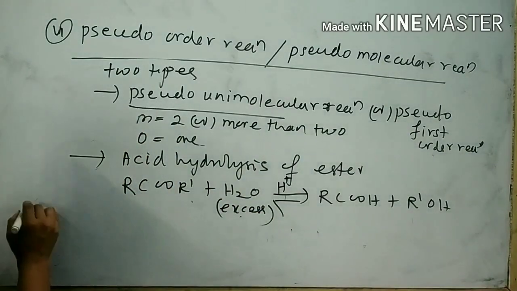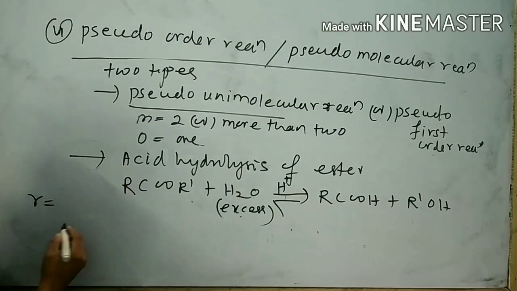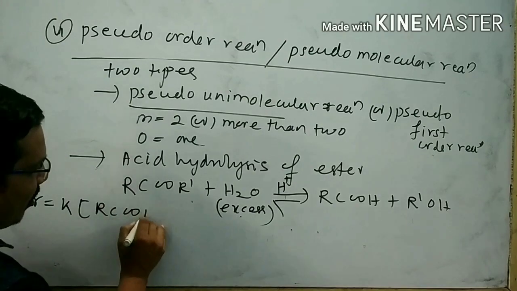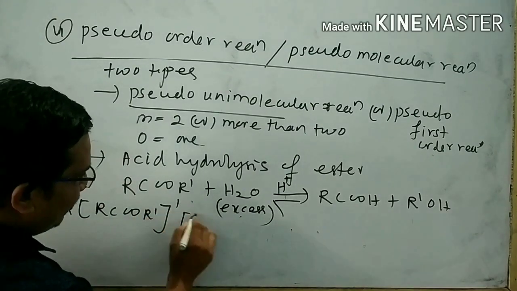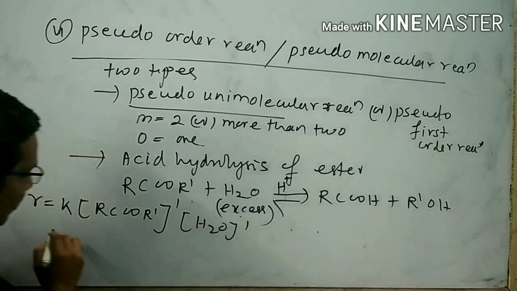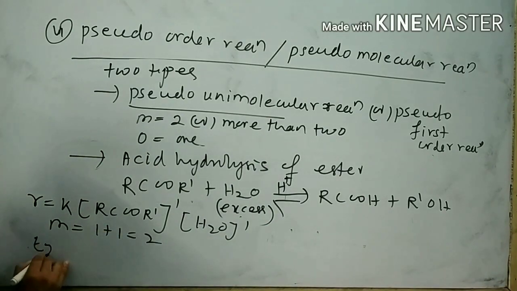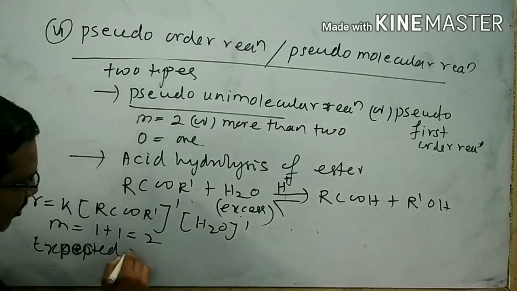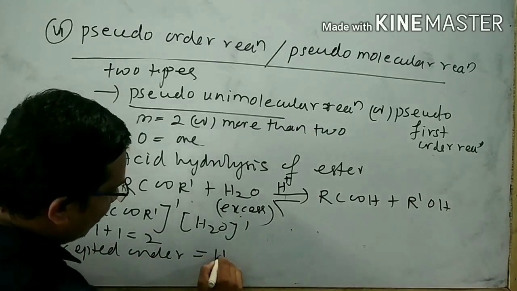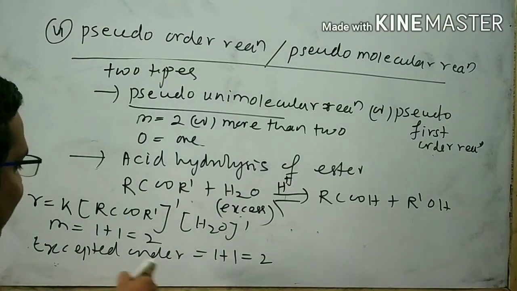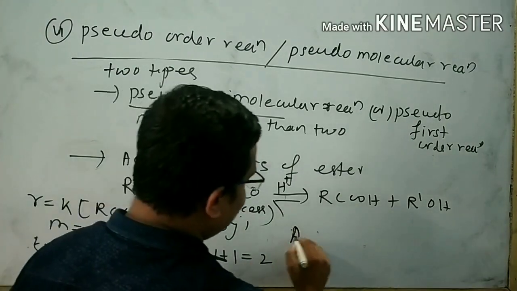Suppose I want to write the rate of reaction for this reaction, then we can write R equal to k [RCOOR]^1 [H2O]^1. Here the molecularity is 1 plus 1, that is 2. Here the expected order is 1 plus 1, also 2. Here the molecularity is equal to the expected order but the actual order is different.